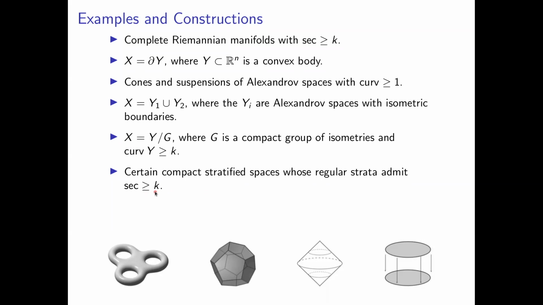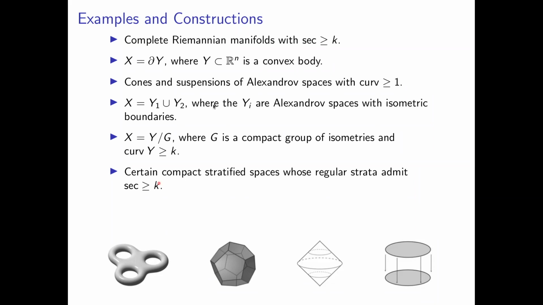Out of all these constructions, this is actually fairly recent. This was proven by Bertrand, Ketterer, Mondino, and Richard. And actually, this was proven for RCD spaces and then also for Alexandrov spaces. But the main drive of this paper was RCD spaces with generalized Ricci curvature. So, okay, are there any questions so far?